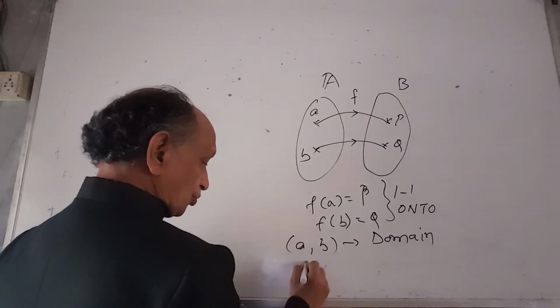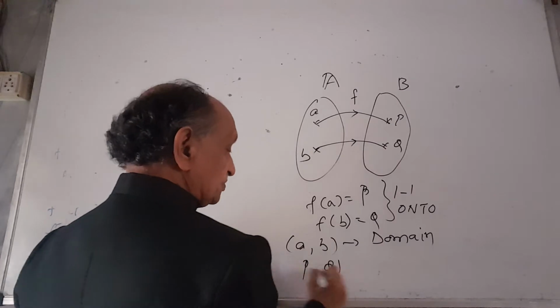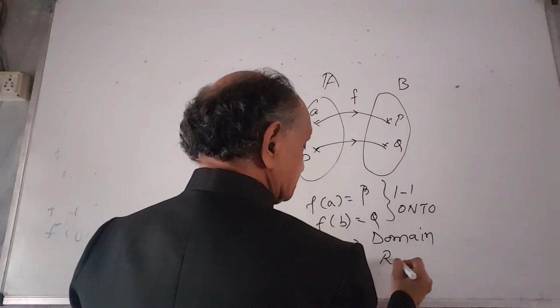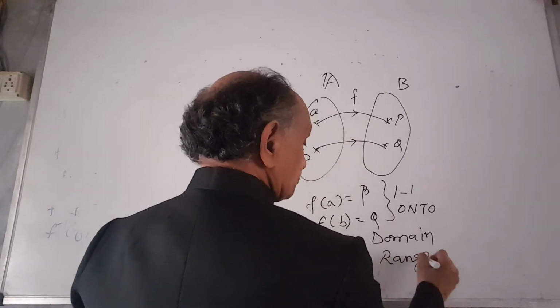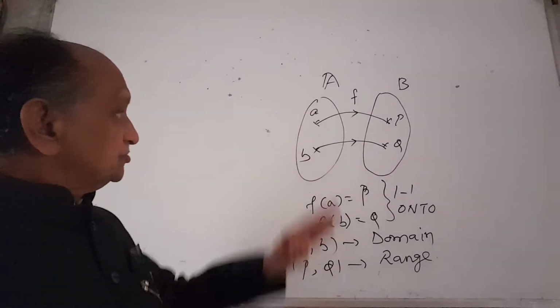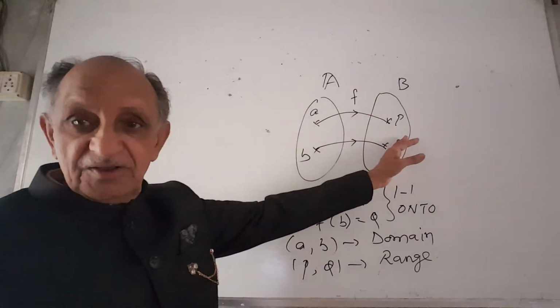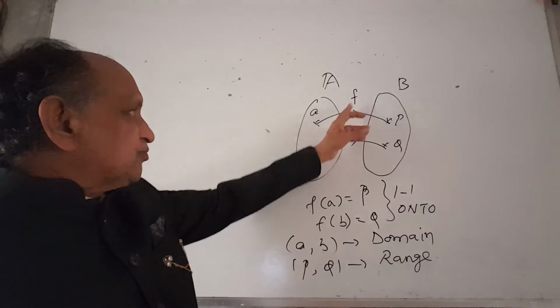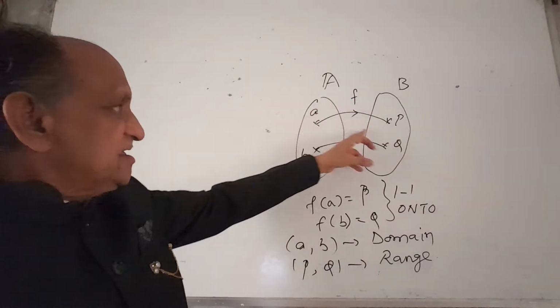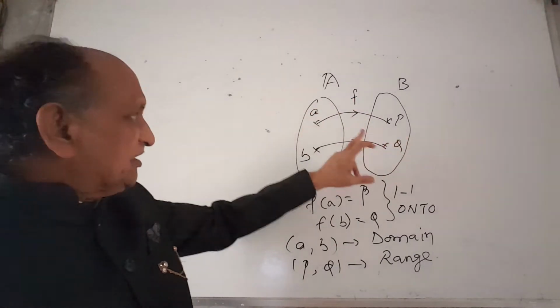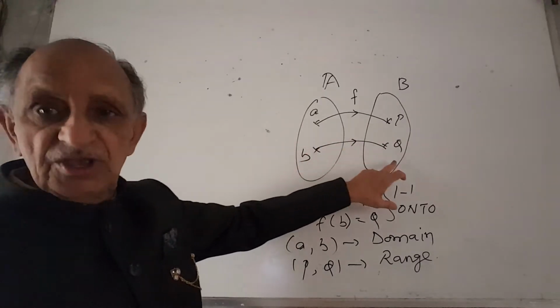And P, Q, which you find, we can call it as range. That means A goes to P, the result of function on A is P. The result of this function on B is equal to Q.